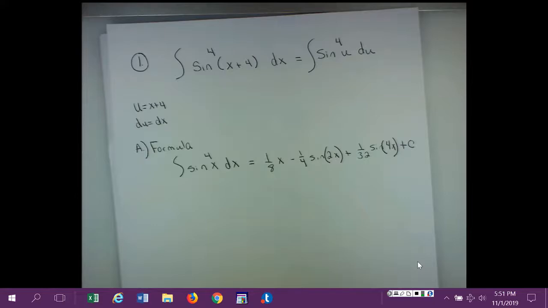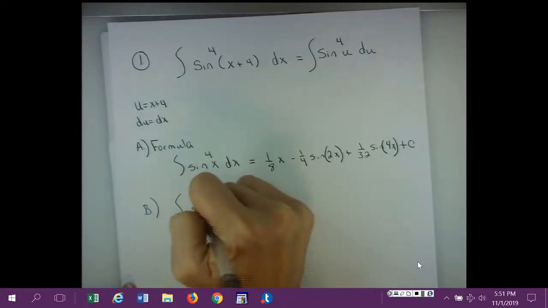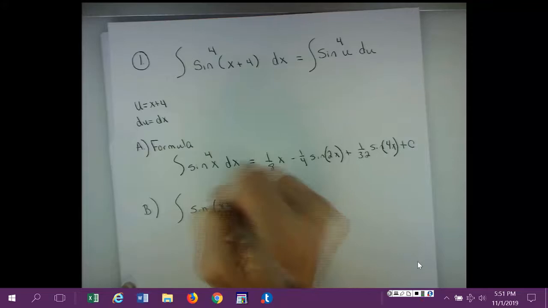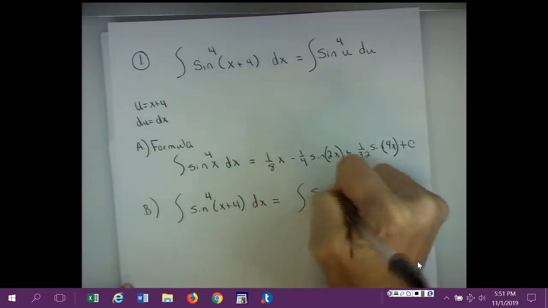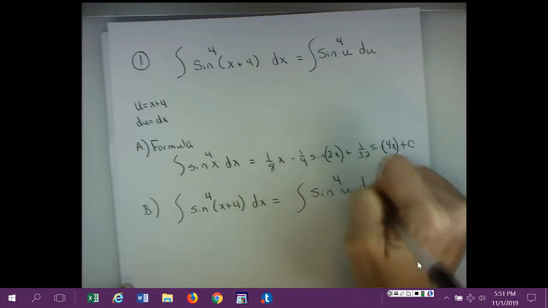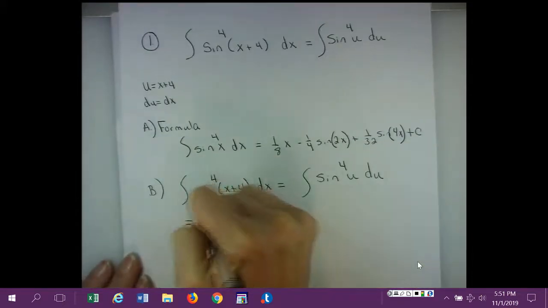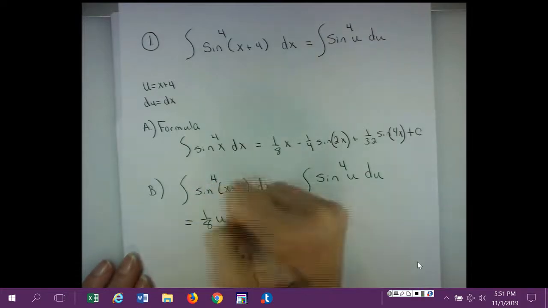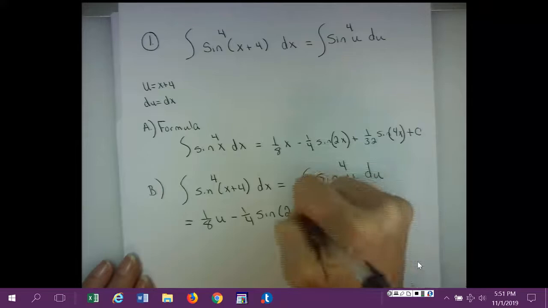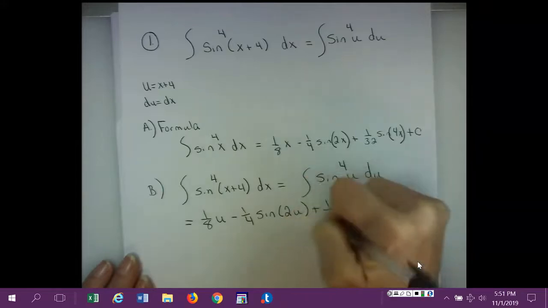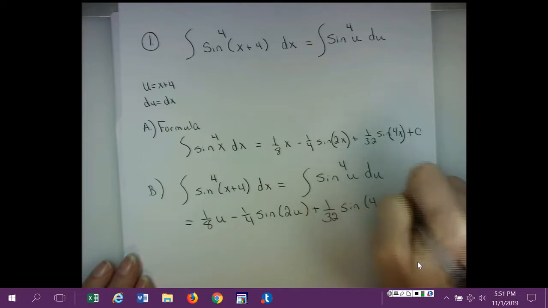Now, when you show the work for the problem, I've just proven that sine of x plus 4 to the 4th power is equal to sine of u to the 4th power. And we're ready for the blue box special. That's going to be 1/8 times u minus 1/4 sine of 2u plus 1/32 sine of 4u plus c.